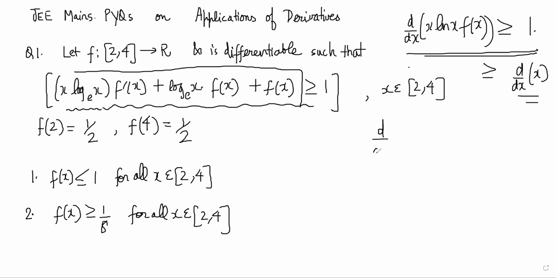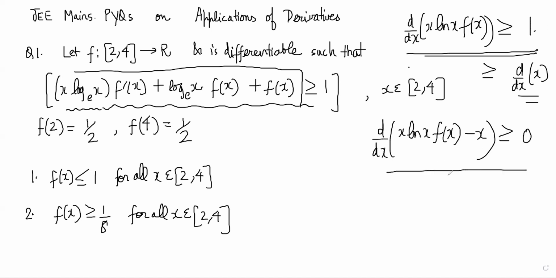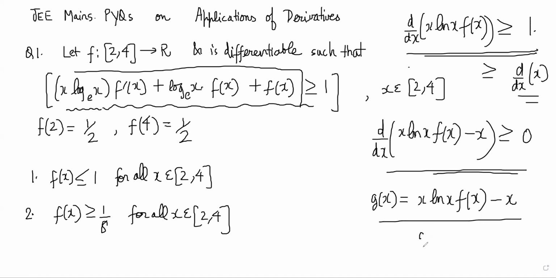So you can say derivative of x ln x f(x) minus x is greater than or equal to 0, right? Yes, sir. So you can define a new function g(x), which is x ln x f(x) minus x, and this new function is increasing for all x between 2 to 4, right?